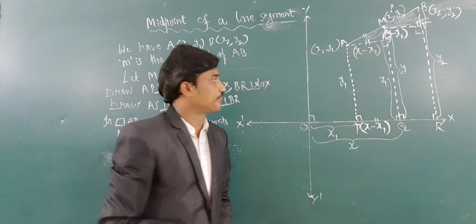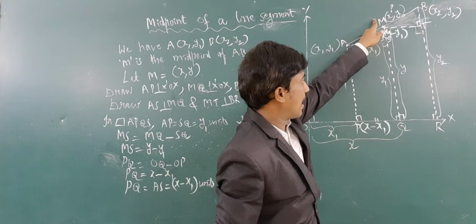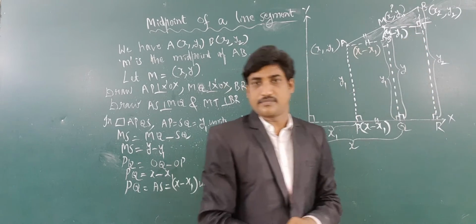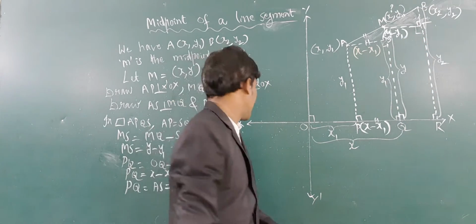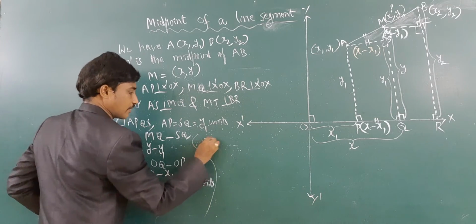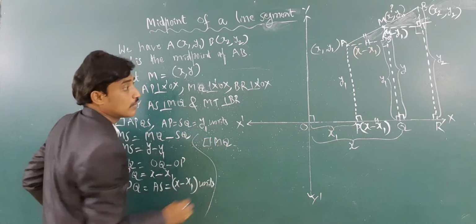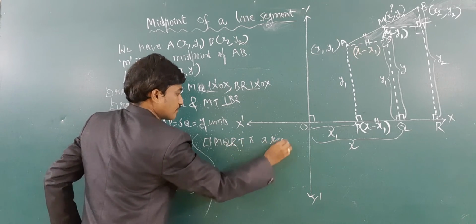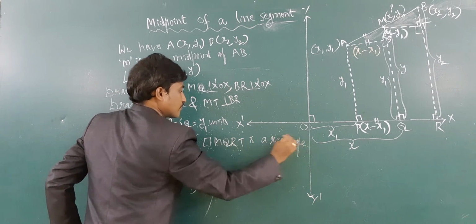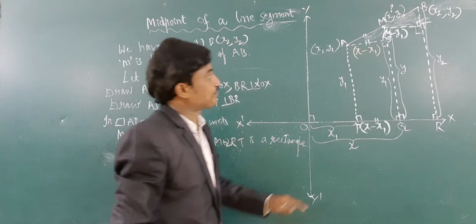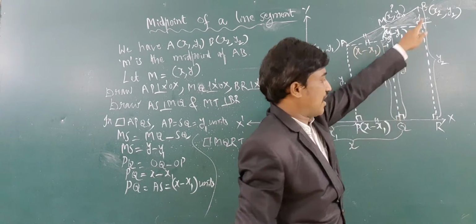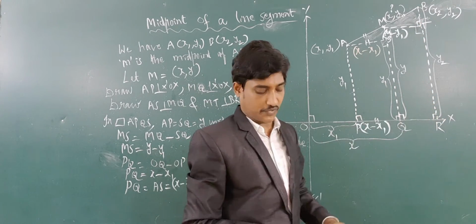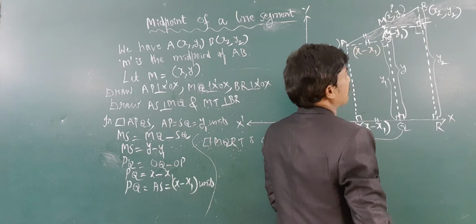In the same manner, we can observe MQRT is also a rectangle. So MQ length and TR length are equal, as opposite sides are parallel and equal.